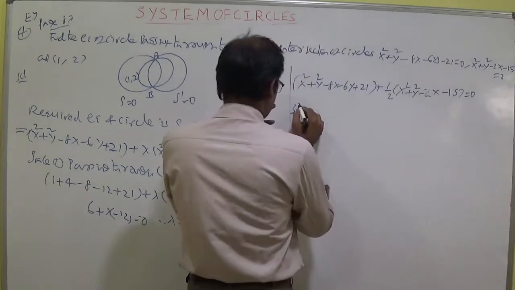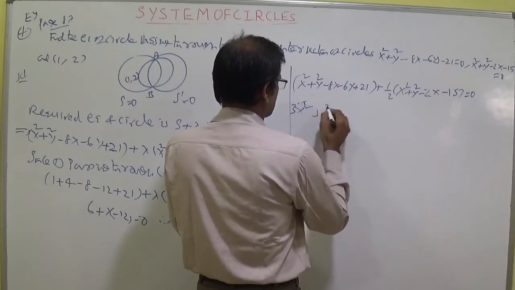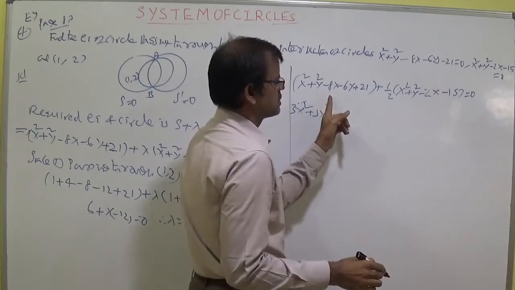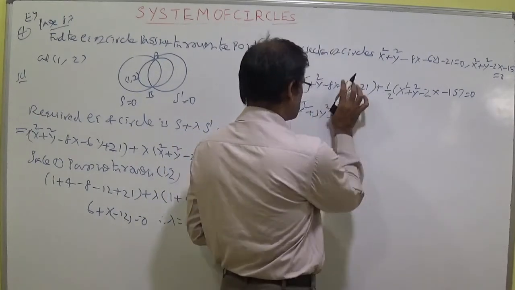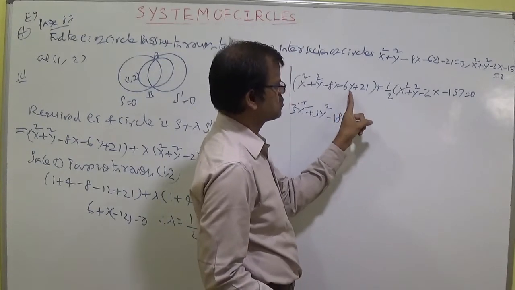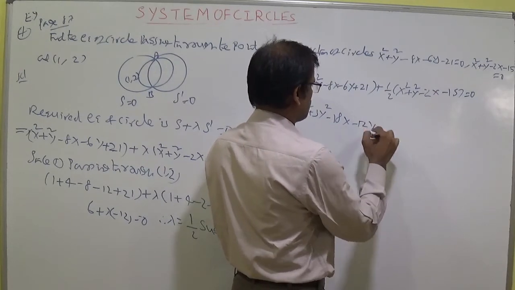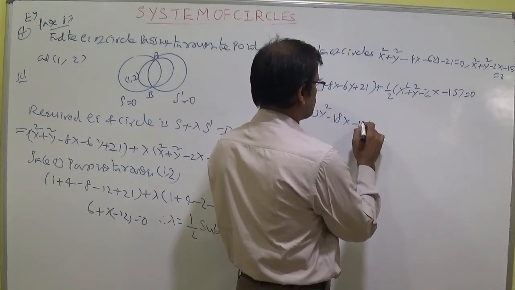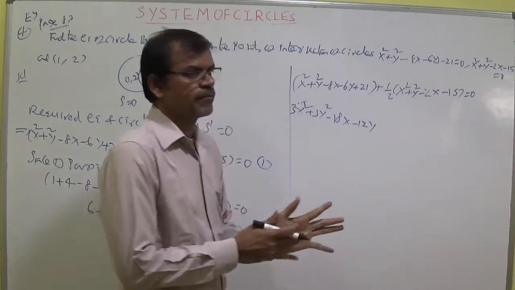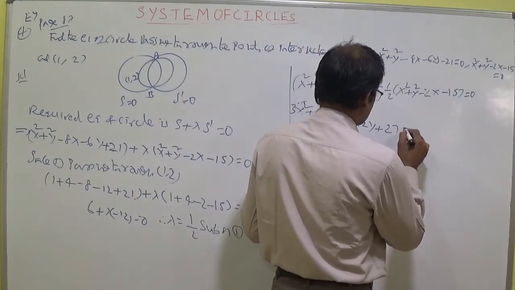Taking LCM as 2, you get 3x square plus 3y square minus 18x minus 12y plus 27 equal to 0.